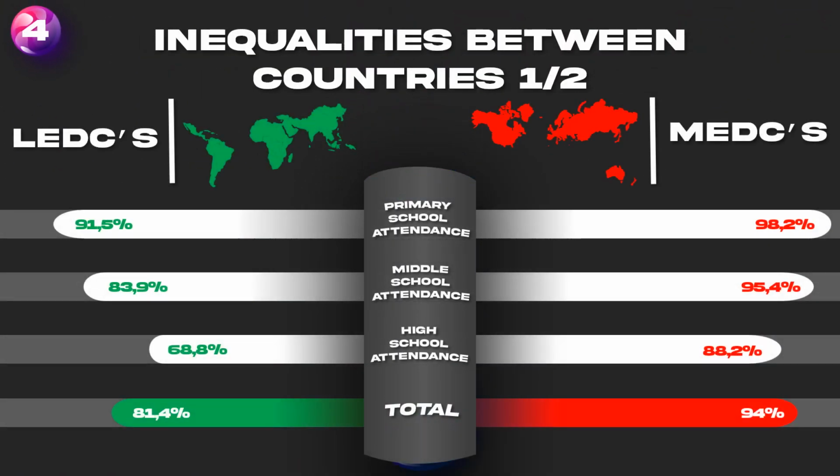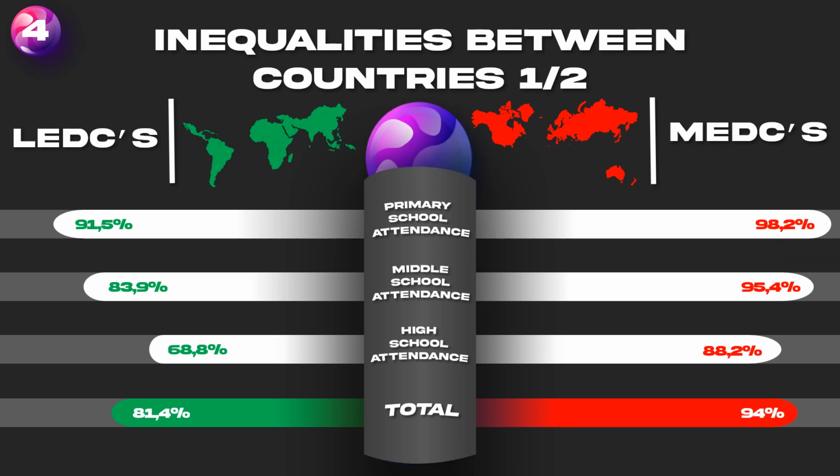Next topic is about inequalities between countries. We will compare the average attendance between less economically developed countries and more economically developed countries. So the attendance in primary school is 91.5% in LDCs in opposition to 98.2% in MEDCs.